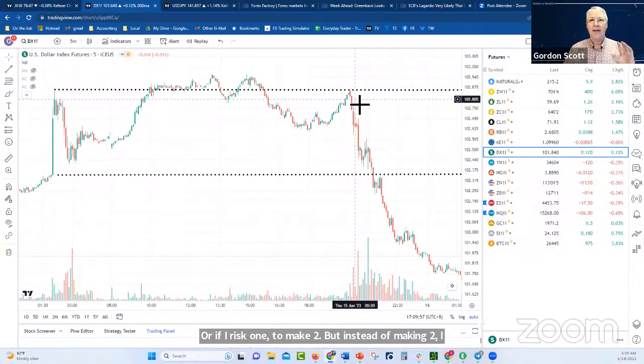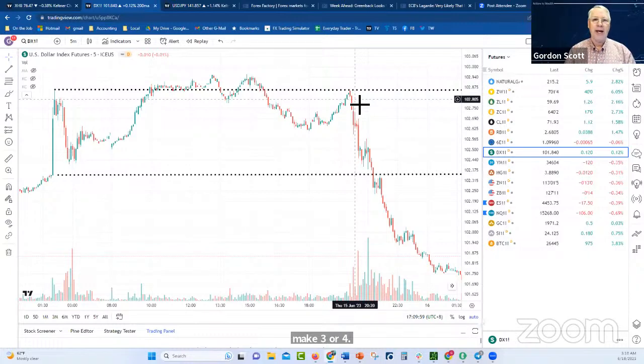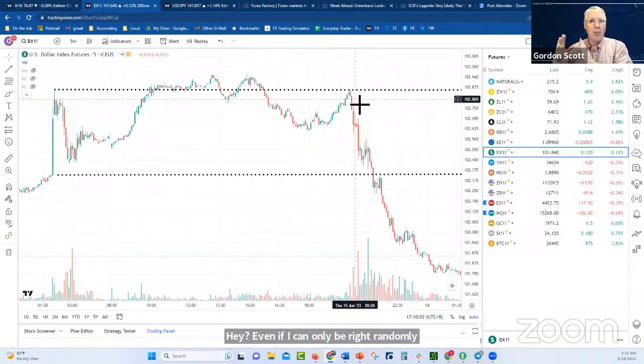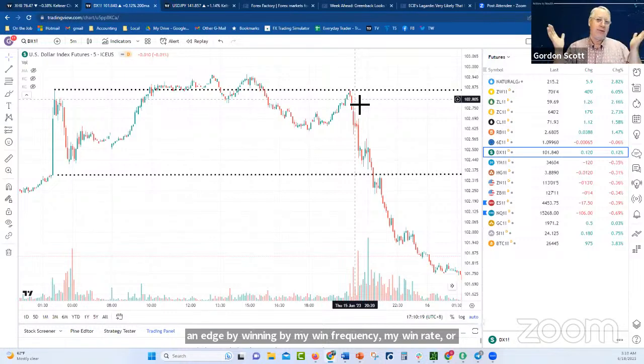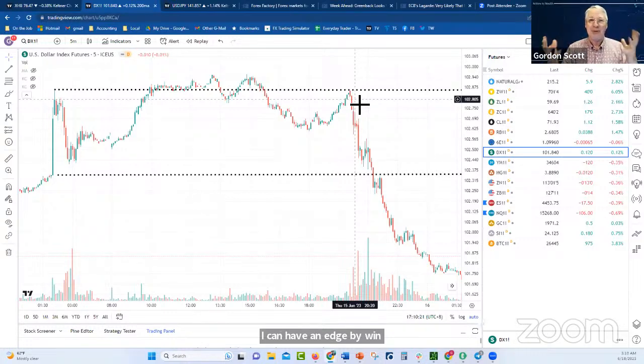Hey, even if I can only be right randomly, but I'm winning more than I would by randomness, that's an edge through win size. So I can either have an edge by my win frequency, my win rate, or I can have an edge by win size, or what's best of all is to do both, right?